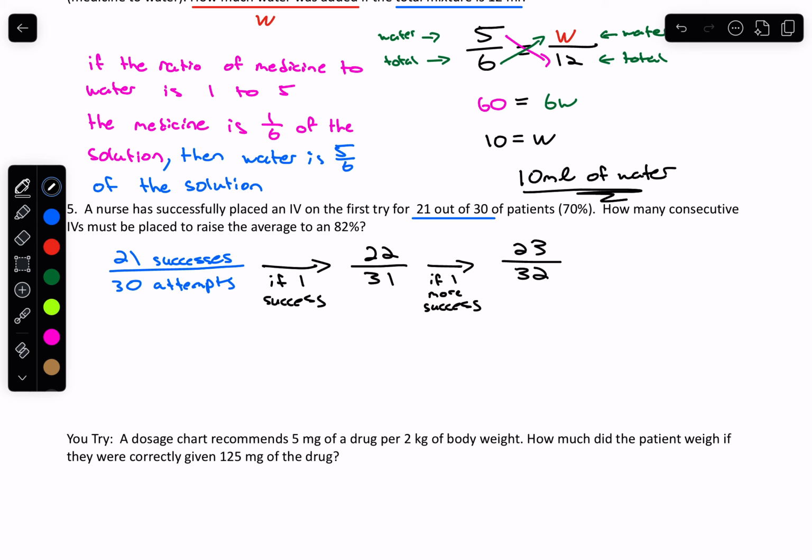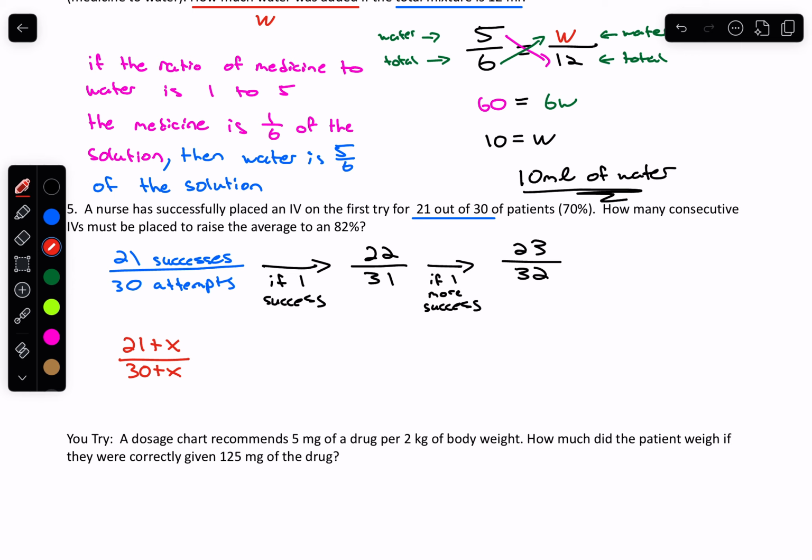So the question then is, how do I represent getting consecutive successes? Well, if every time I'm successful in a row, I add one to both the top and the bottom, then we can say that 21 plus x over 30 plus x represents our new average when we have successful attempts.